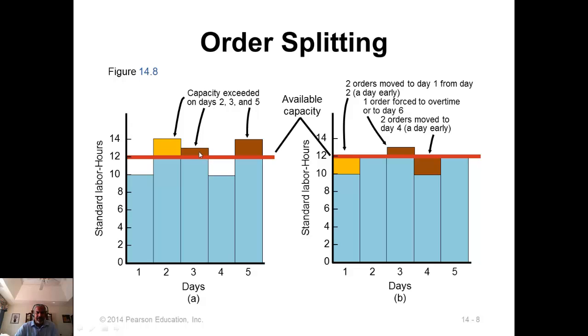Here again there is over the capacity needed, and here is over the capacity needed. Now order splitting would be you move that to here, then that evens things out, and here you move that one down here and that evens things out, and you still have a problem here which may be dealt with using overtime or some other tactic.